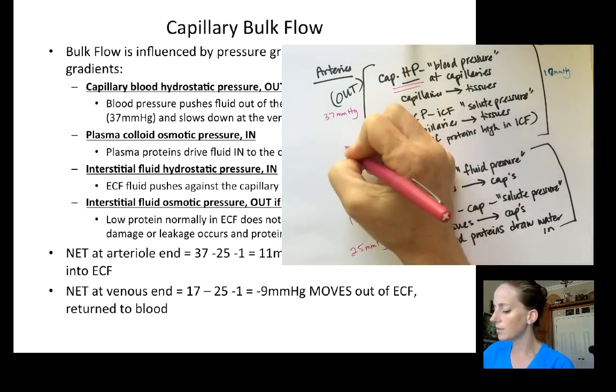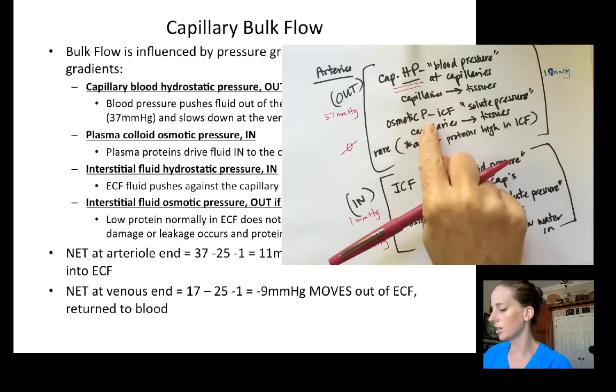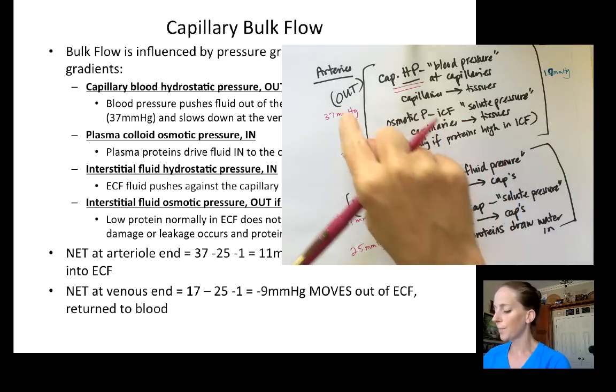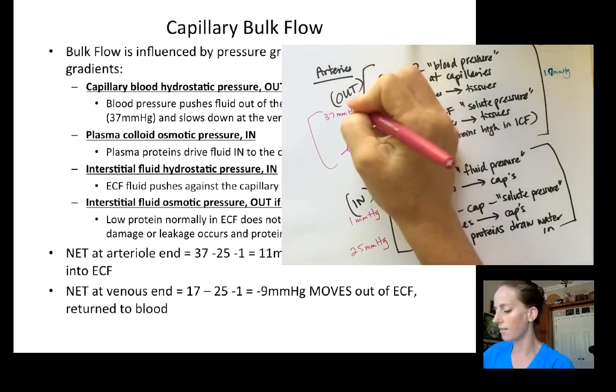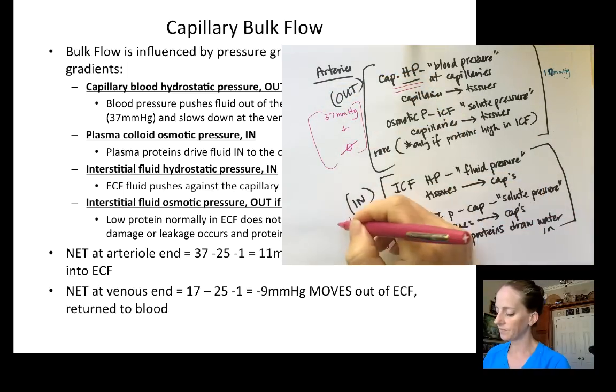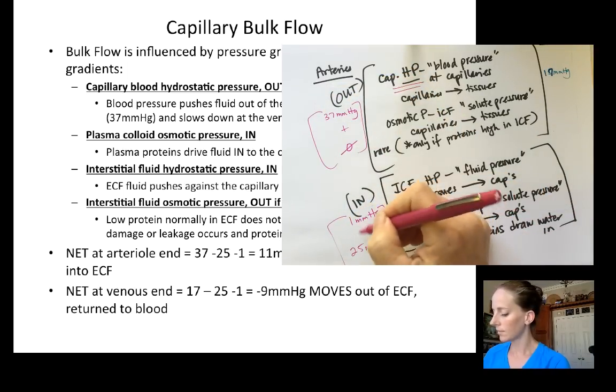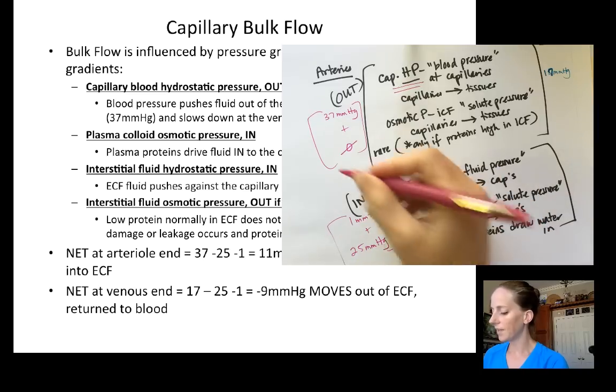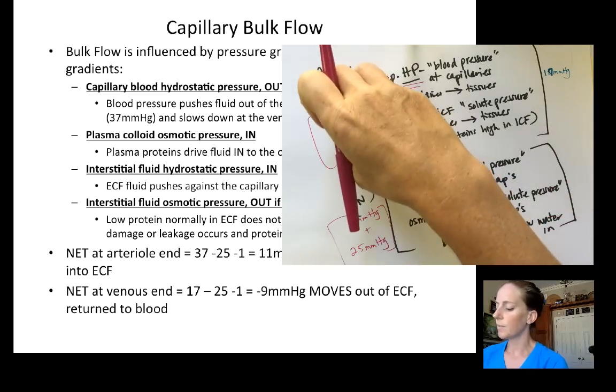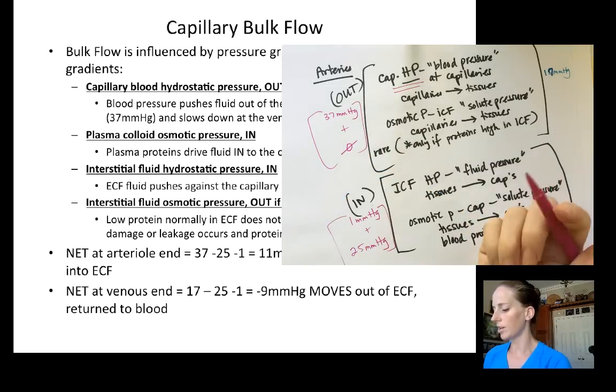If we then sum those up, and we're setting this osmotic pressure out to 0, we're going to have 37 and 25 plus 1, and we're going to subtract those. So the pressure out minus the pressures in.